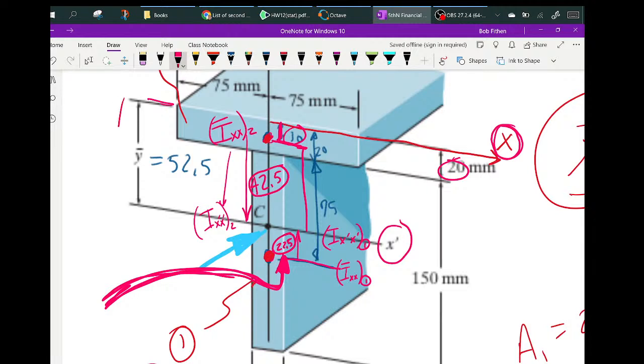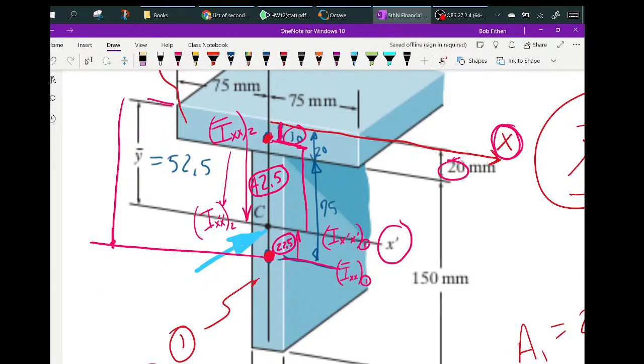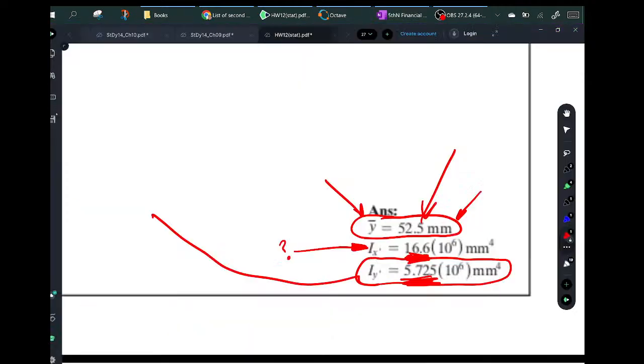Okay, so the distance down to this from that other axis is 20 plus 75, which will get us right down there. So 20 plus 75, well, that's 95. And 95 minus 52.5 equals, let's see.